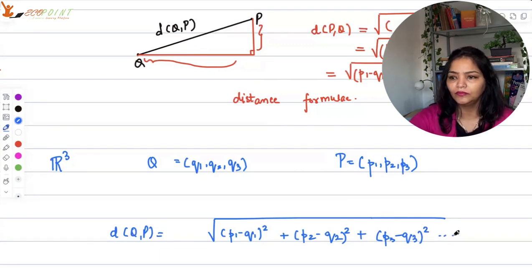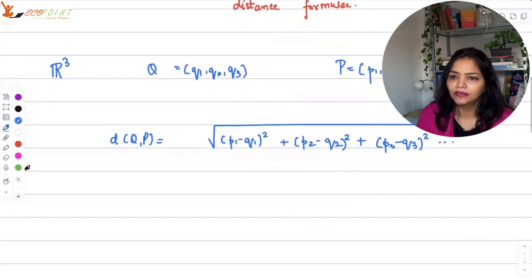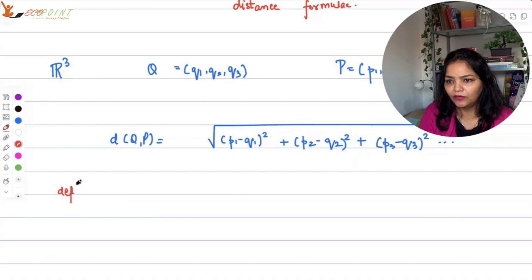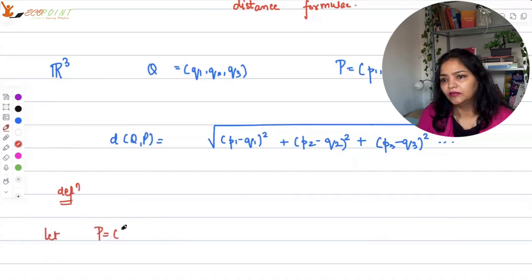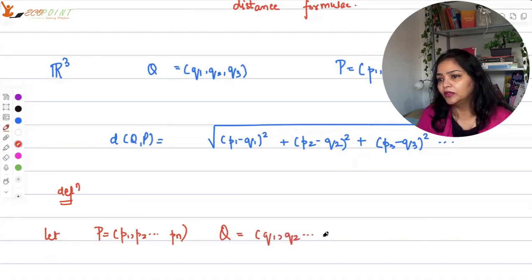Now, clearly that means we can conclude that distance between points could be defined as the following. Let P be an n-tuple, P1, P2, Pn. So let's take points in Rn. And Q is again an n-tuple, Q1, Q2 till Qn. There are 2 points in Rn.